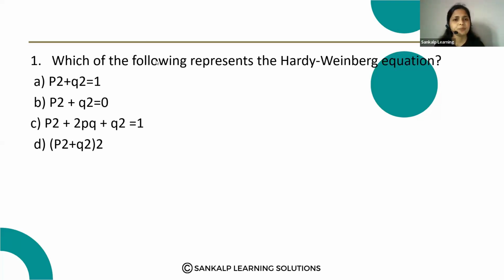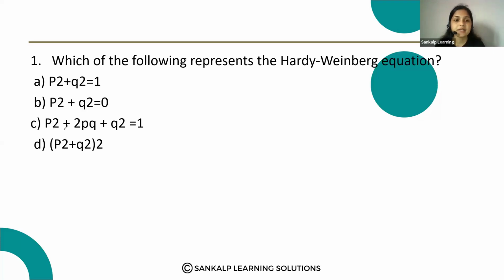The first question is, which of the following equations represents the Hardy-Weinberg equation? You know the Hardy-Weinberg statement, Hardy-Weinberg law. So according to that, which equation is given? Option A, P square plus Q square is equal to 1. Option B, P square plus Q square is equal to 0.